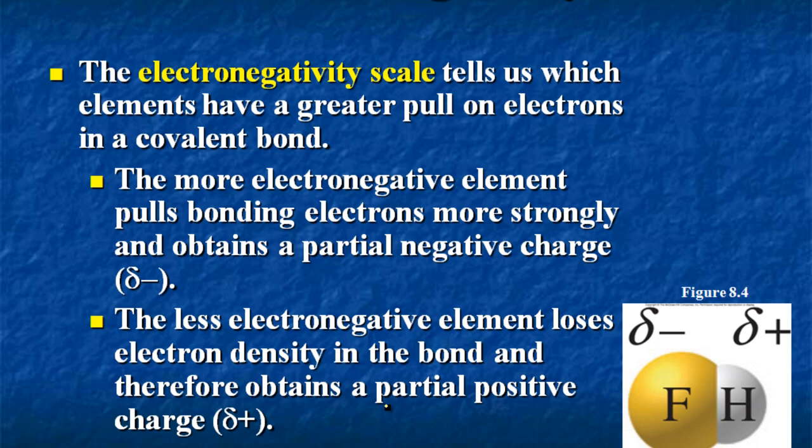Actually, fluorine is the most electronegative element on the periodic table. So fluorine gets a higher pull on electrons, a greater hold on those two electrons. So fluorine is partially negative, whereas hydrogen, because its electronegativity is less, has a lesser pull on electrons, therefore it is partially positive.